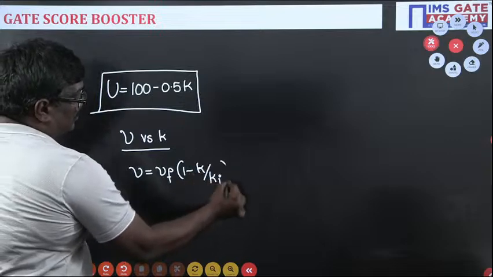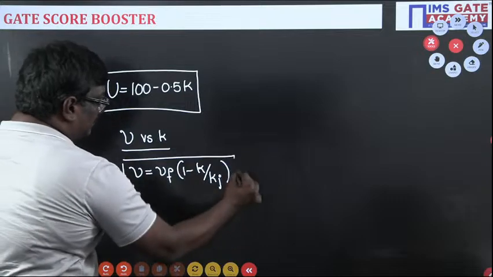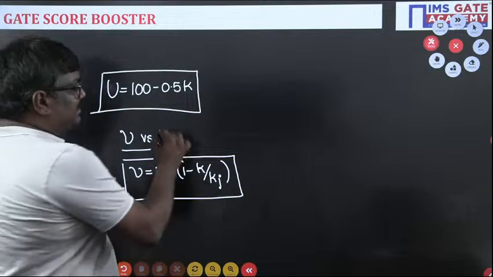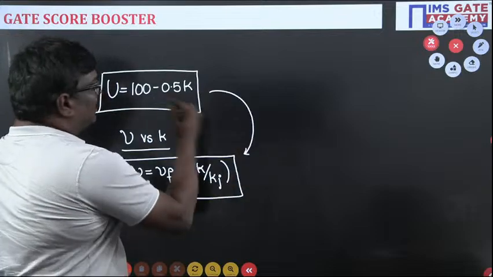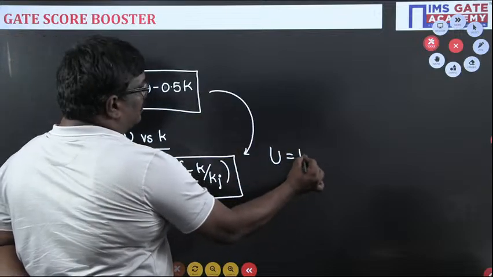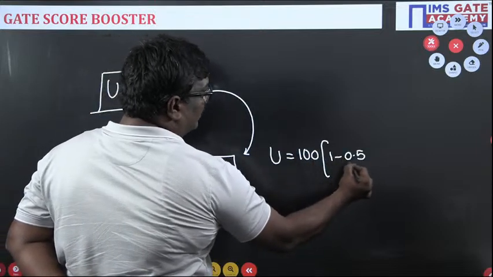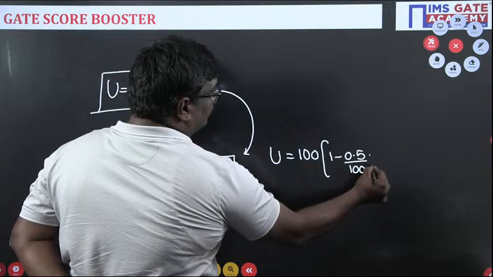Now see, students, if you write this equation in this form, what do I have to write? u is equal to 100 into 1 minus 0.5 by 100 into k.